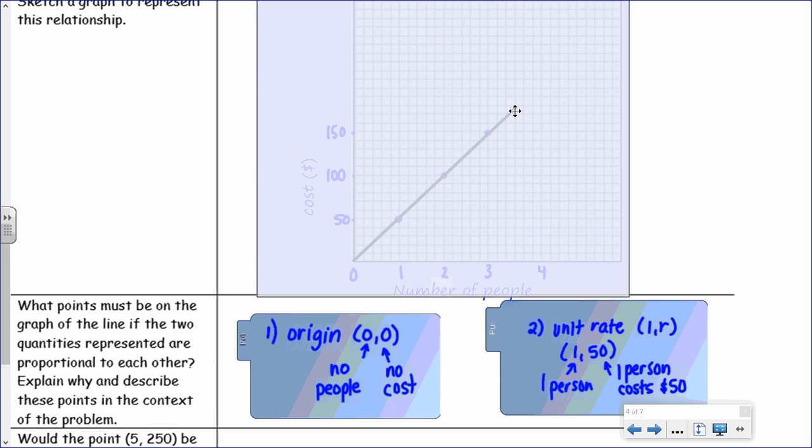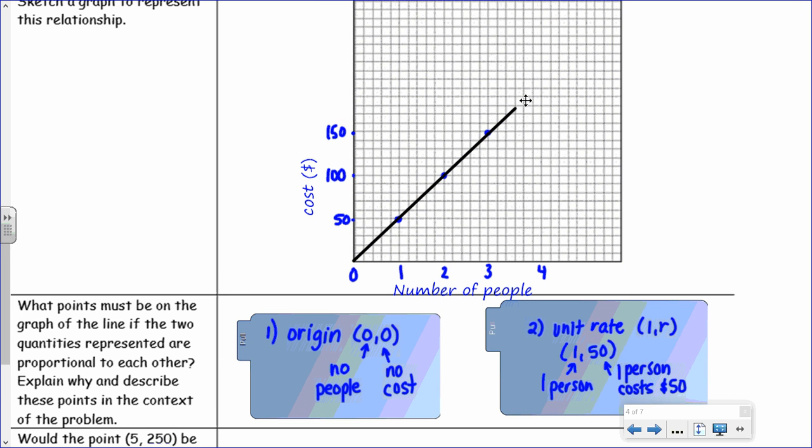That's what I was saying here. If you extend this line and you keep these going, 200, 250, and you kept 5, it would go straight through where we would have 5 people being $250. So if I were to graph that, I just put those on there real quick, so I didn't count carefully.